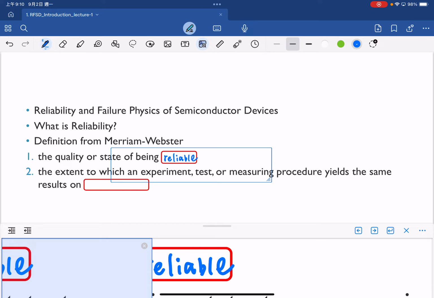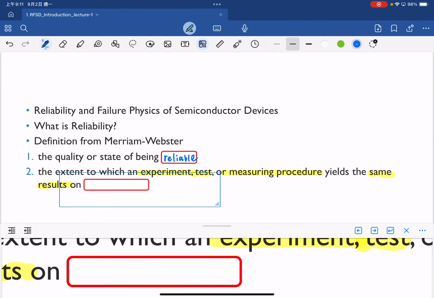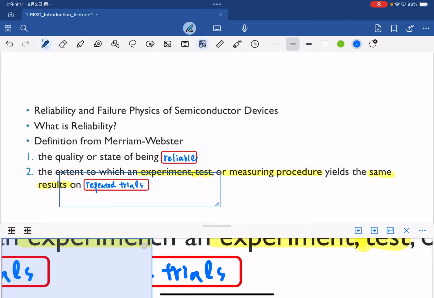When we talk about reliability, that means the extent to which an experiment, test, or measuring procedure yields the same results on repeated trials.